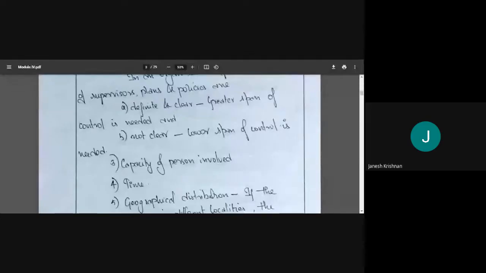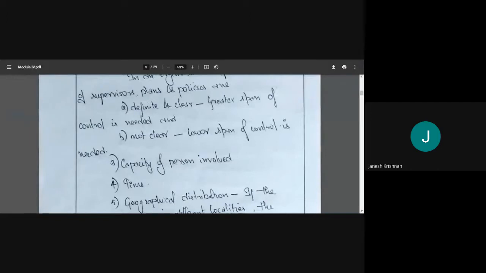The next thing is time. Time is also very important because time means how much time is available with the person. If he is having more time, he can spend it with his subordinates.